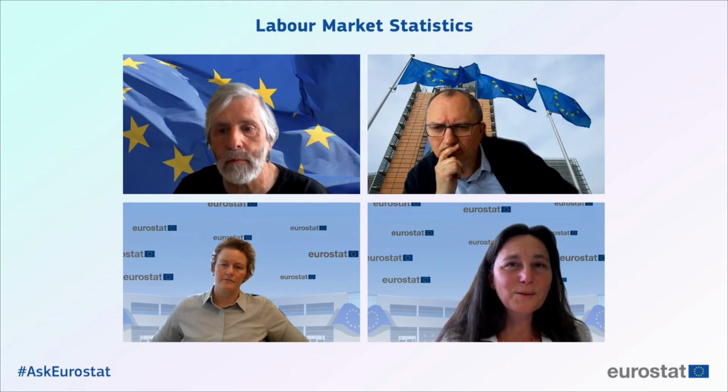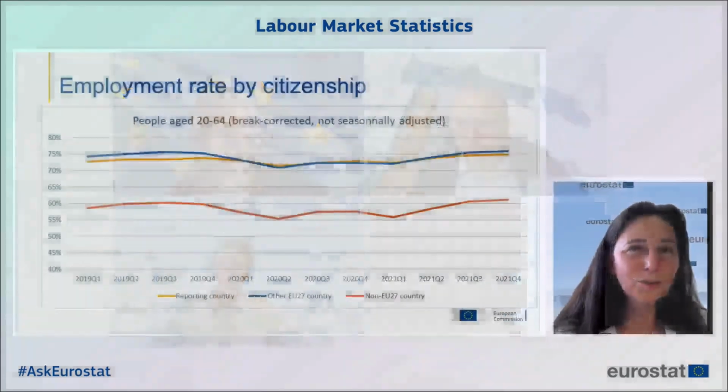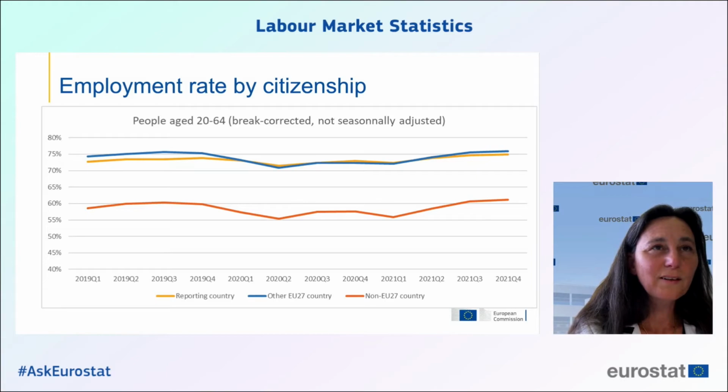Yes, so here also we have some data to show. Here you can see the employment rate by citizenship, where we have made 3 groups. The first group is what we call reporting country, when the person has the same citizenship as their country of residence.